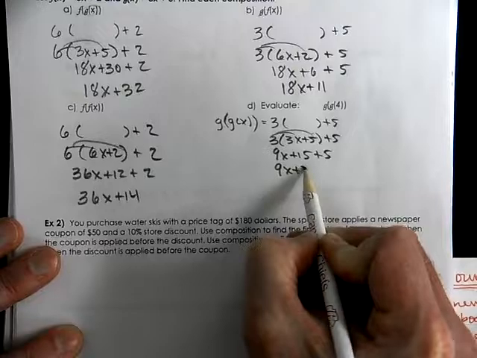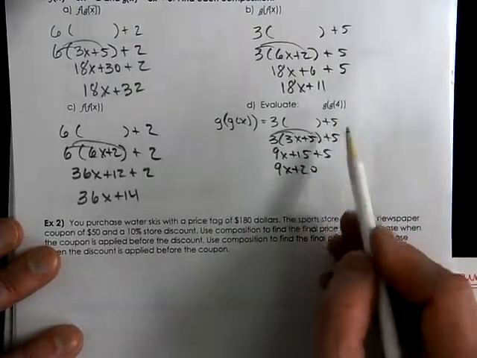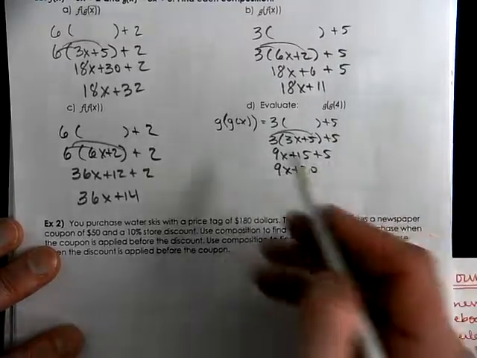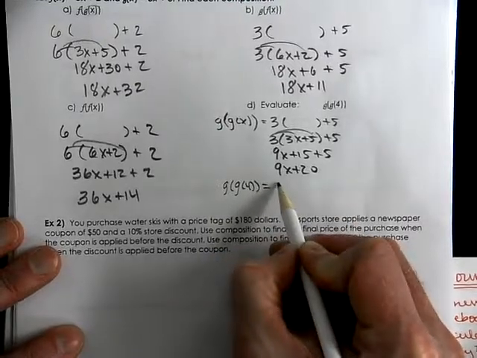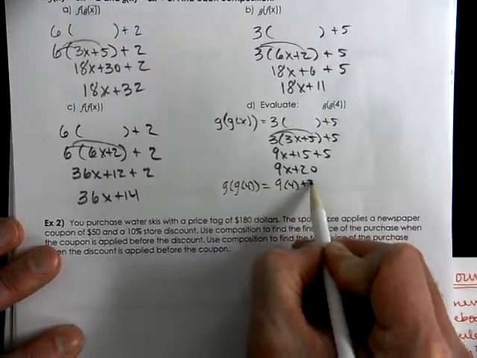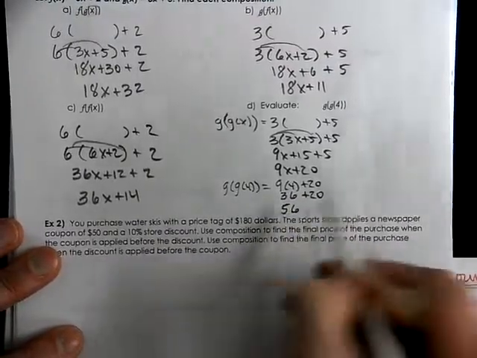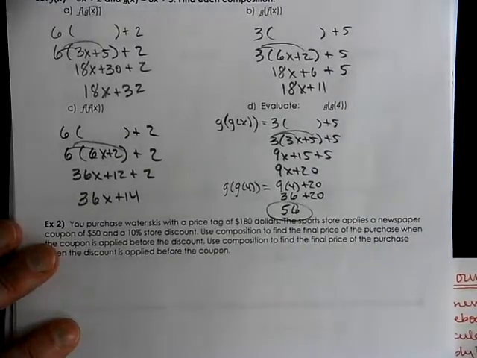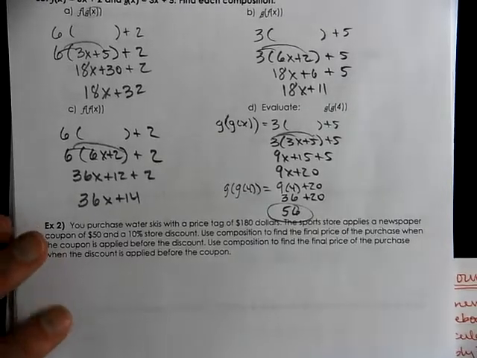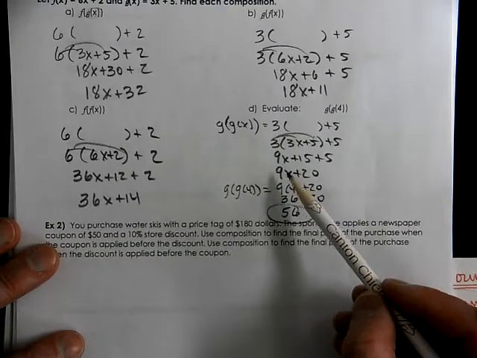So that's 9x plus 20. Then you're going to plug 4 into the x. That would be 9 times 4 plus 20. 36 plus 20. That's 56. So g of g of 4 is 56. That's one method. Figure out what g of g of x is, and then plug the 4 in.